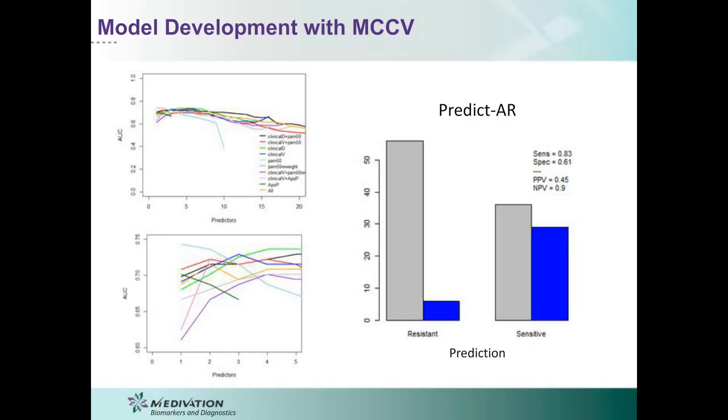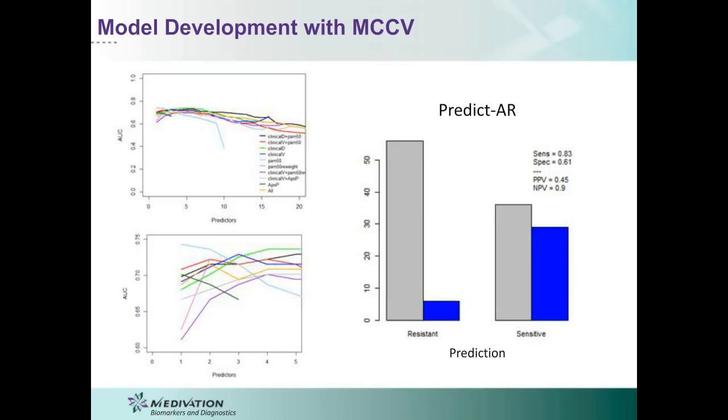So to visualize that one model another way on the right, now named the PREDICT-AR biomarker, the resistant-based predictions show a huge enrichment of non-responders, whereas those that are predicted to be sensitive to drug have a relative enrichment in the responders shown in blue.